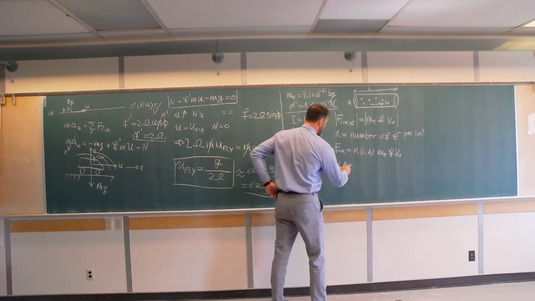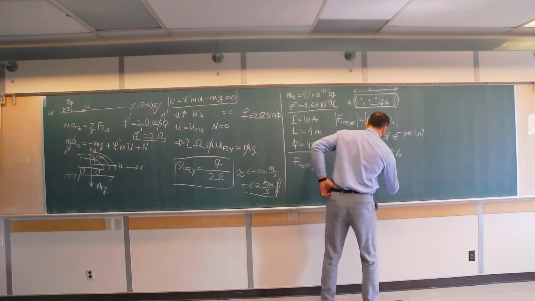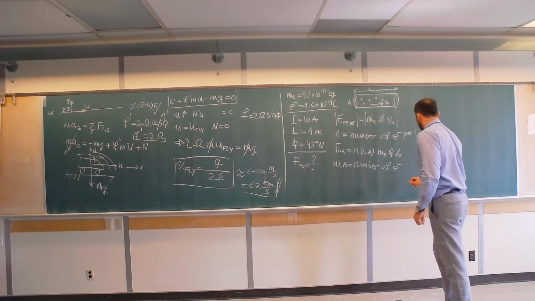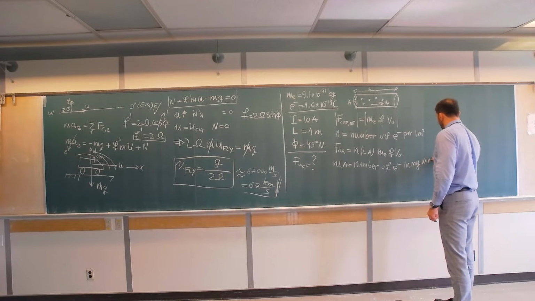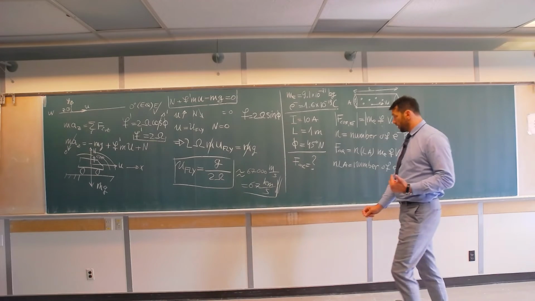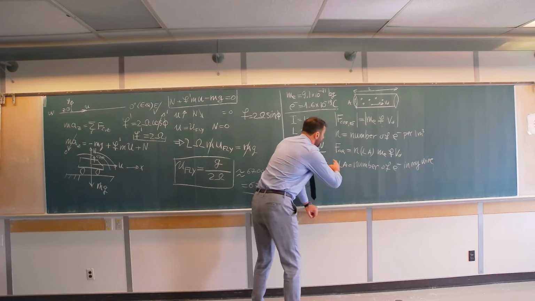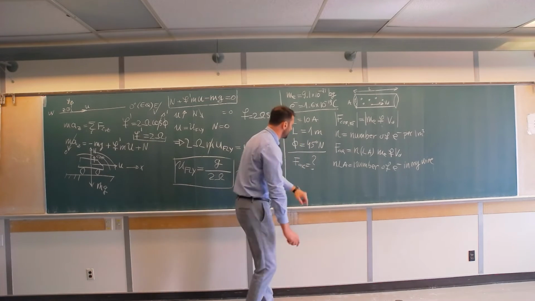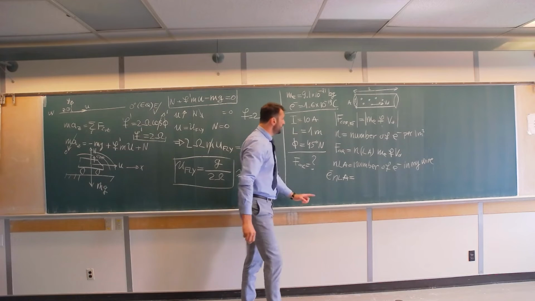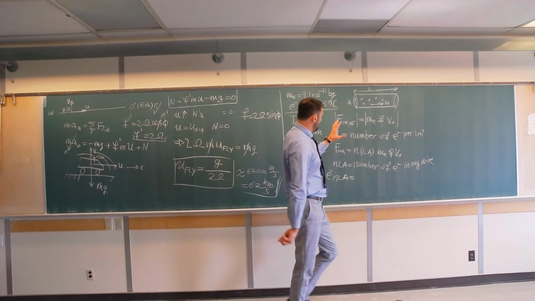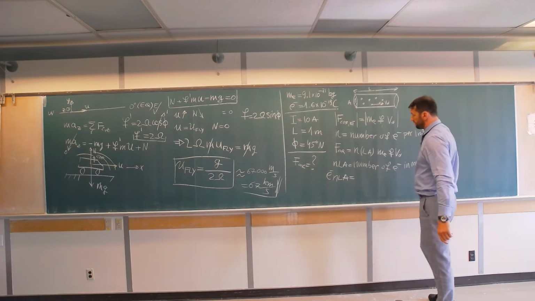nLA, this variable is the number of electrons in my wire. Therefore, if I multiply this by e, the charge of one electron, then e n L A would be the amount of charge that is moving through this wire.